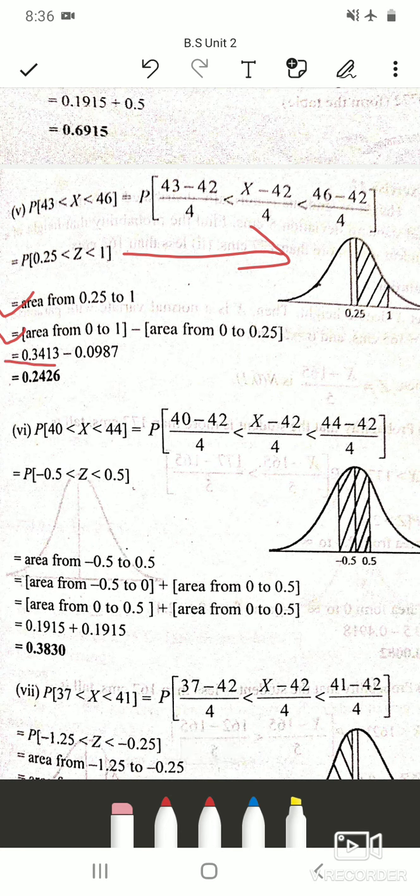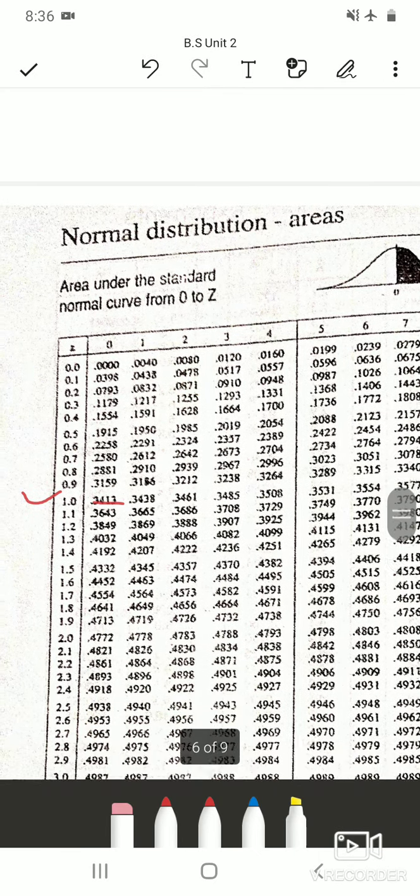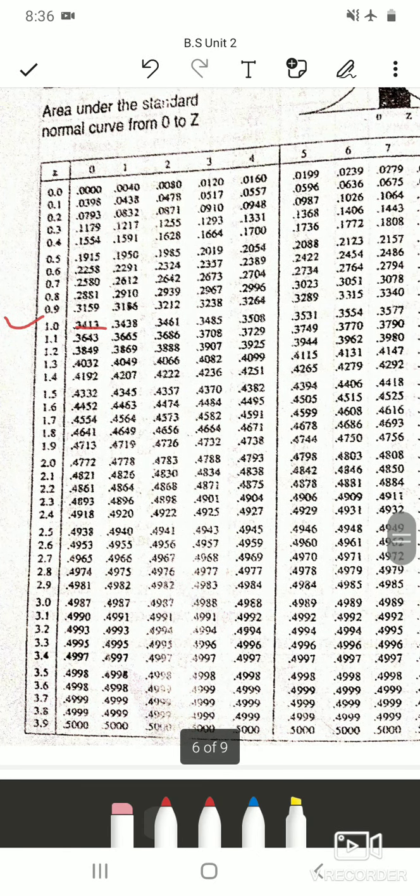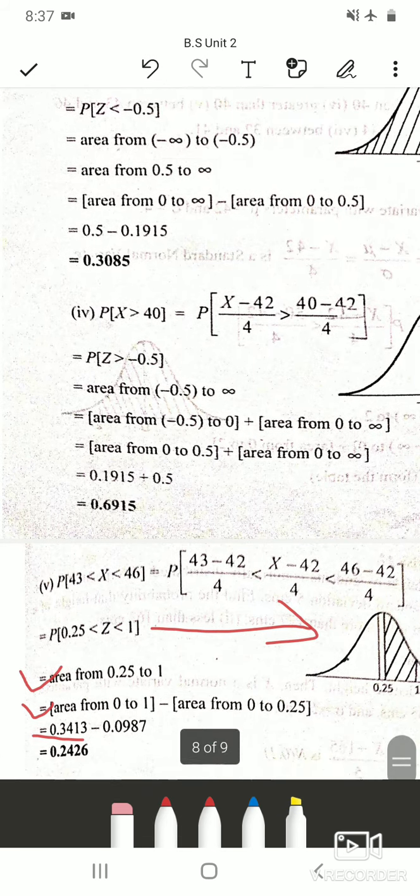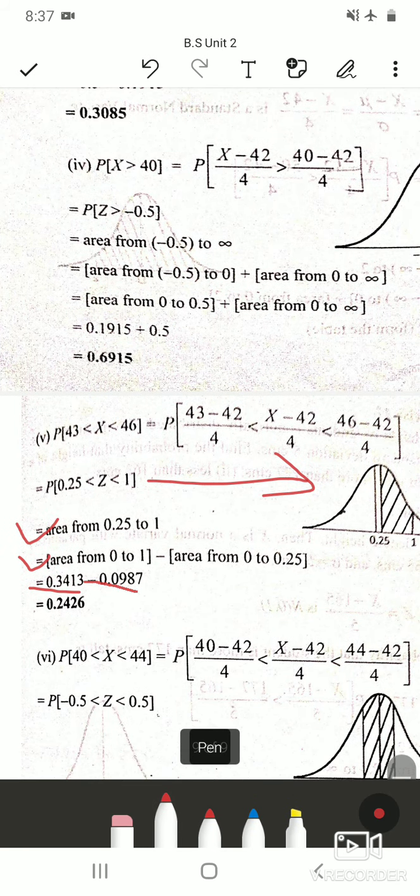Now we will see the area from 0 to 0.25, that is under 0.2 and then you have to check under 5, which is 0.0987. Don't get confused between 2.5 and 0.25.